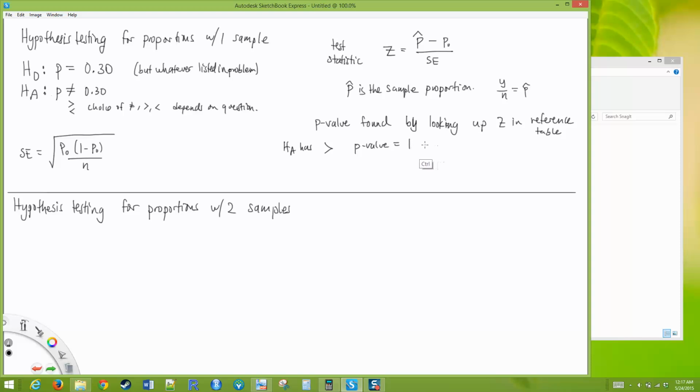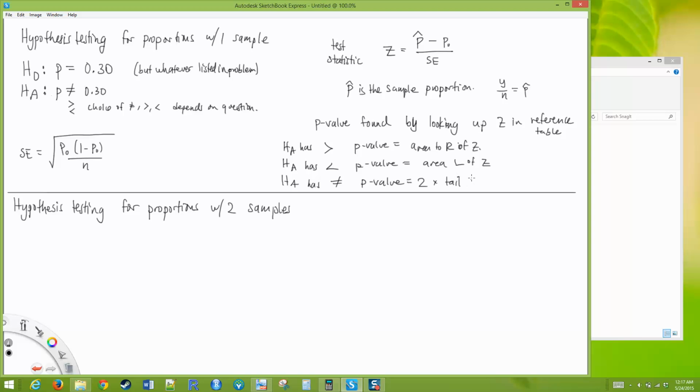I'll just say the p-value is equal to the area to the right of Z. If the alternative has less than, the p-value is equal to the area left of Z. And if the alternative has a not equal, then the p-value is equal to 2 times the tail area.